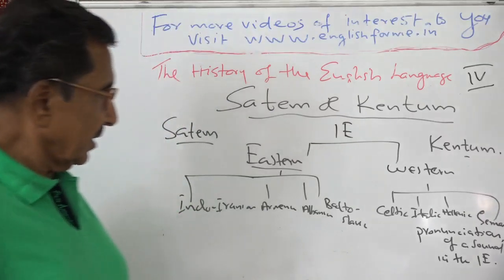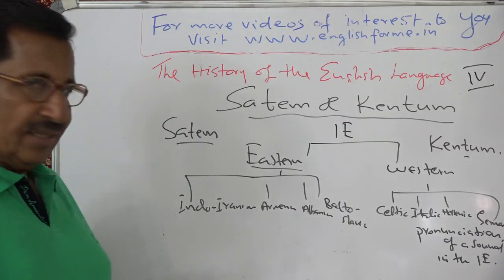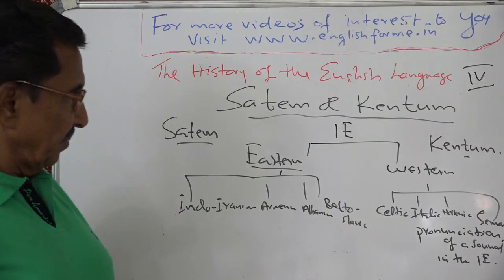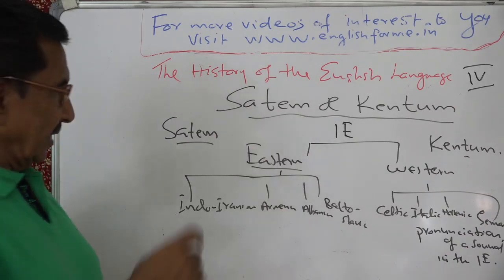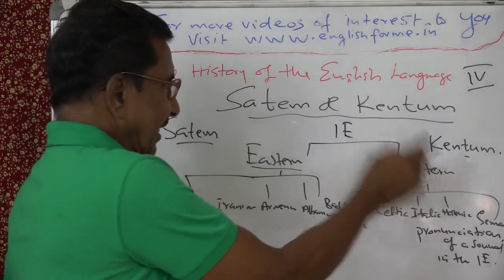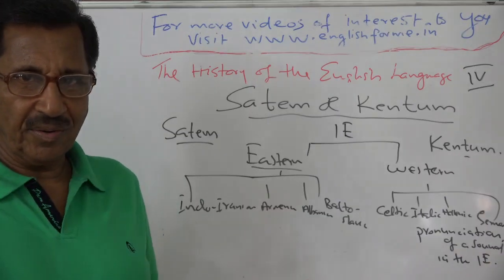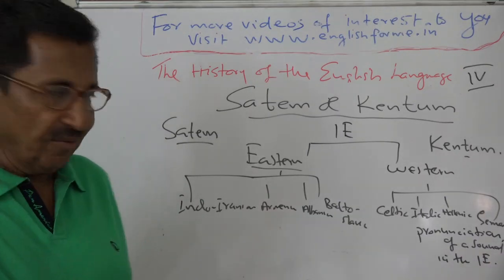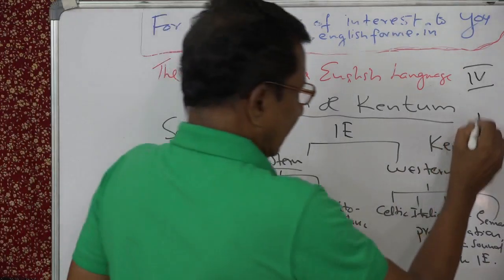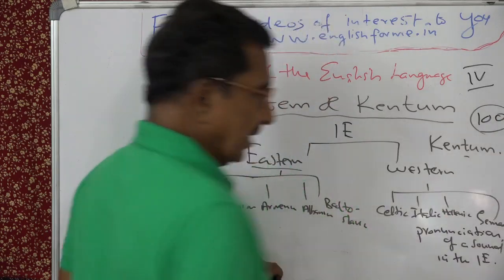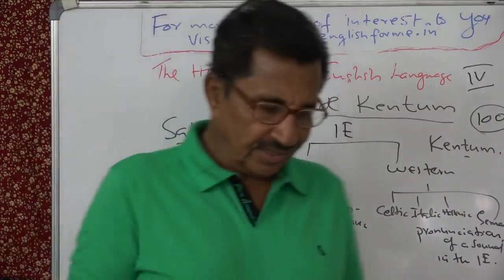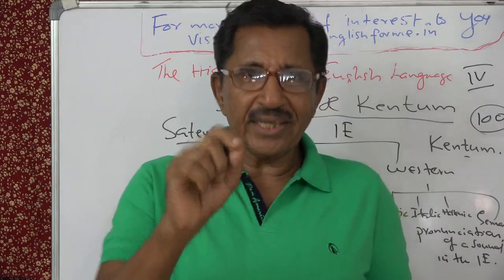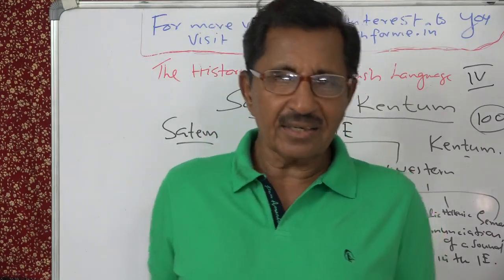Then the philologists found that there is a word in the Eastern, in the Western, and the Indo-European, and the meaning of that word is 100. For example, you have the word "sau" in Hindi, meaning 100.